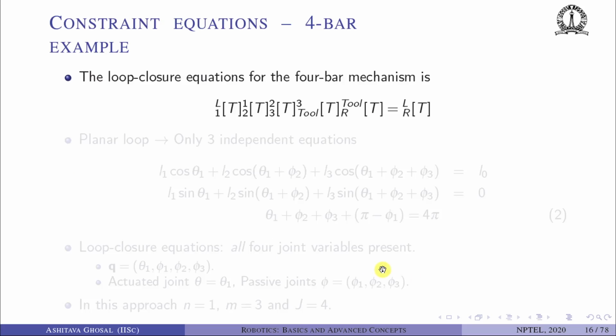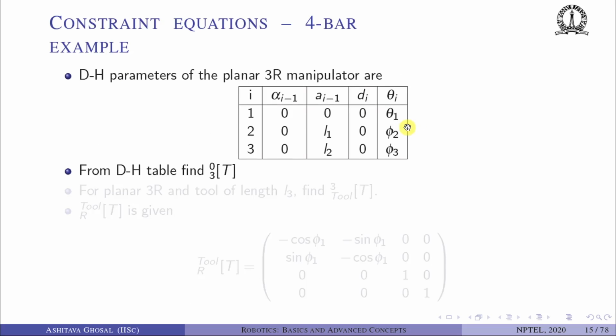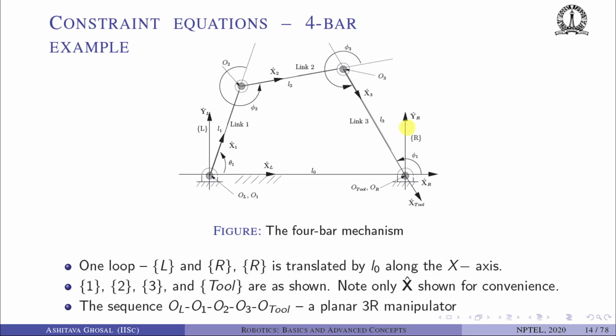So what is the loop closure equation for the 4-bar? Very straightforward. We go from L to 1, 1 to 2, 2 to 3, 3 to tool, and then tool to R. That should be equal to L to R. Let's go back and see this drawing once more. We have a coordinate system L, a coordinate system 1.